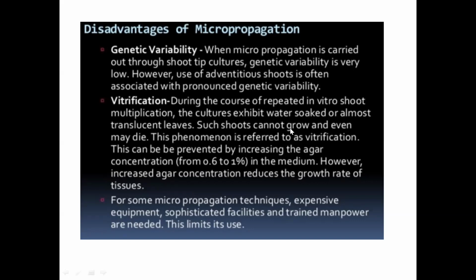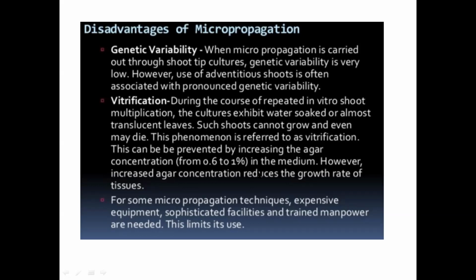And then sometimes you get a condition called vitrification, wherein the cultures exhibit water-soaked or translucent leaves. This stops the further growth of the plantlets. This can be prevented by increasing the agar concentration, they have told.